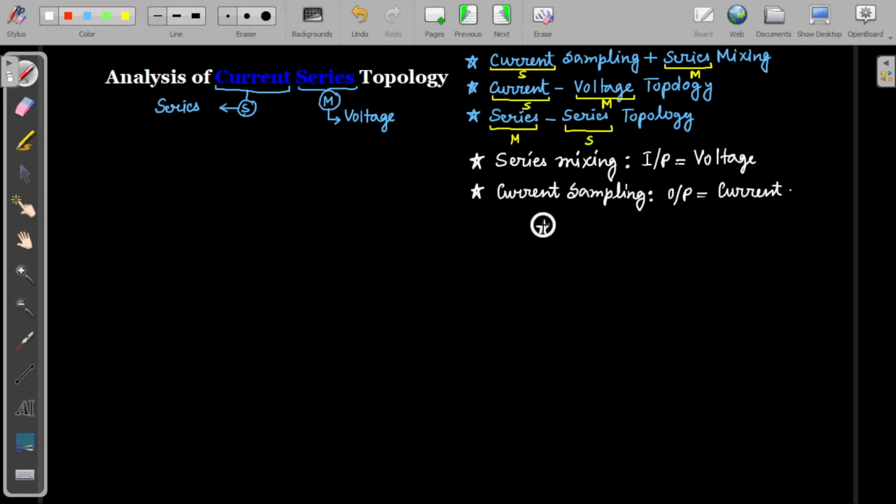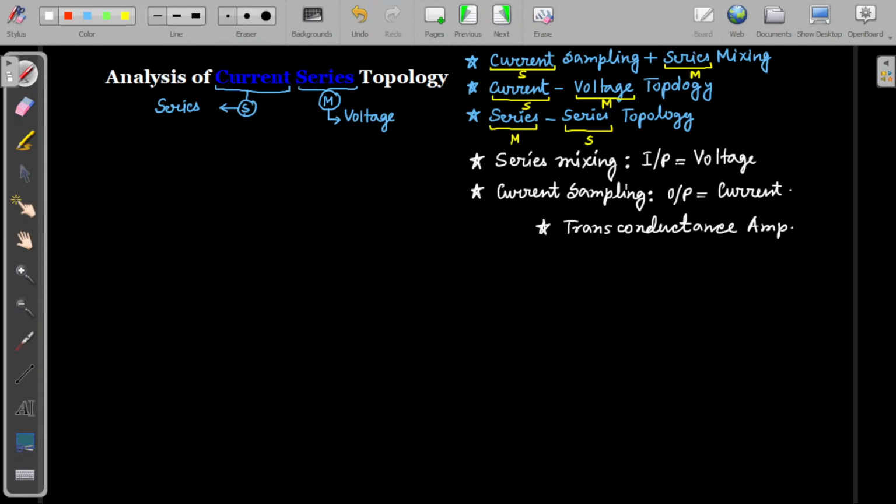We have told that if the input parameter is the voltage and the output parameter is the current, then the name of the amplifier will be the transconductance amplifier. We have already discussed this in the previous lecture. So transconductance amplifier. Okay, now let us go for the circuit.